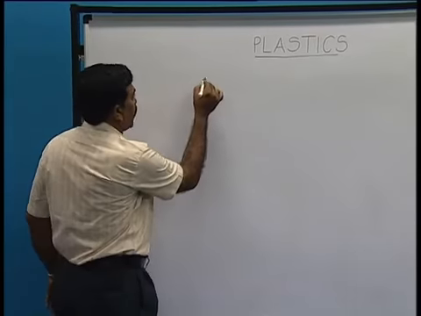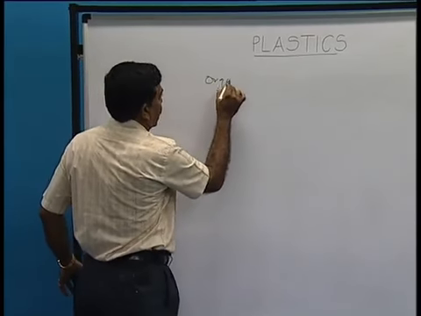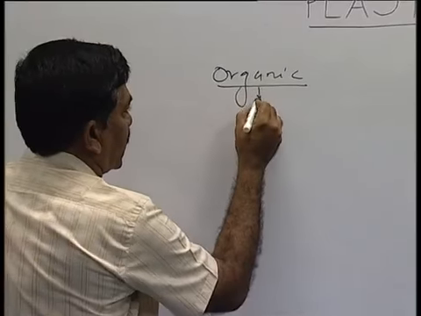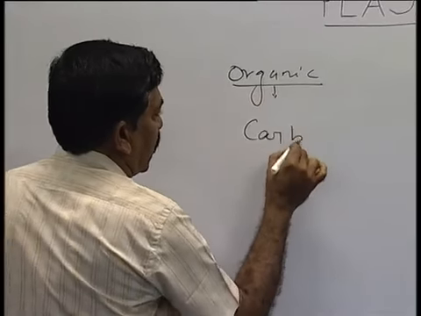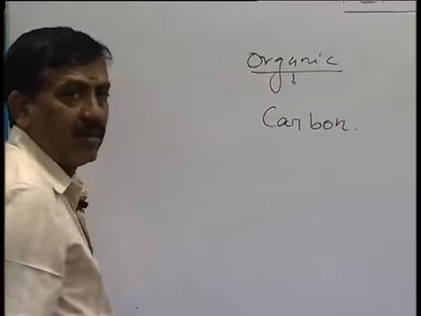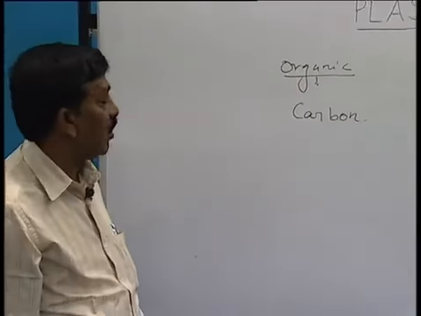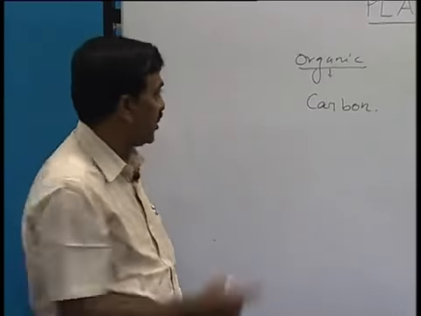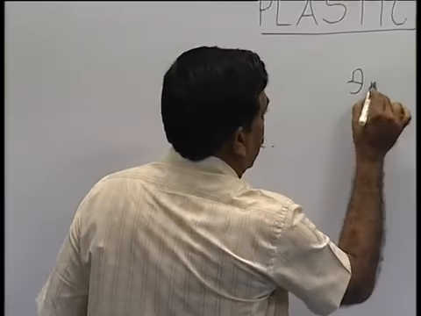What is organic high polymer? Organic is a compound which contains carbon. Carbon compound molecules are called organic. So you must differentiate the organic and inorganic. So what is inorganic molecule?